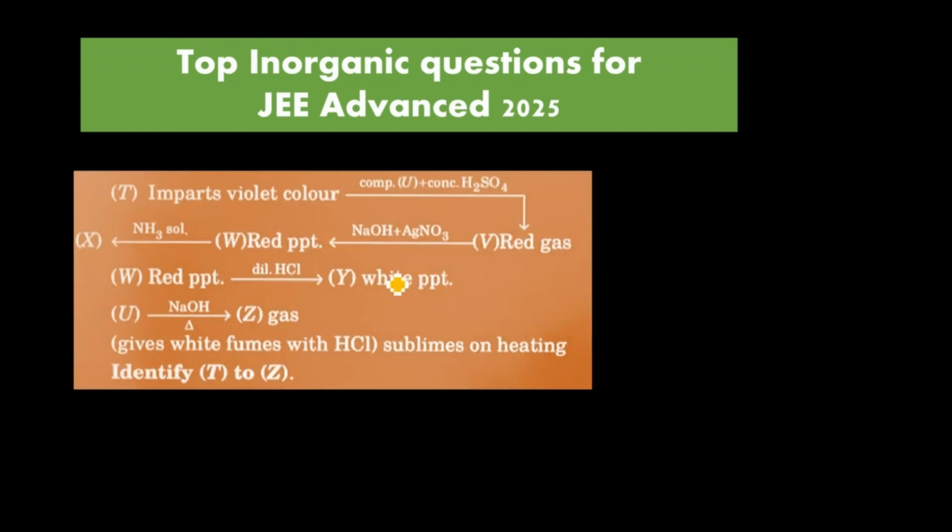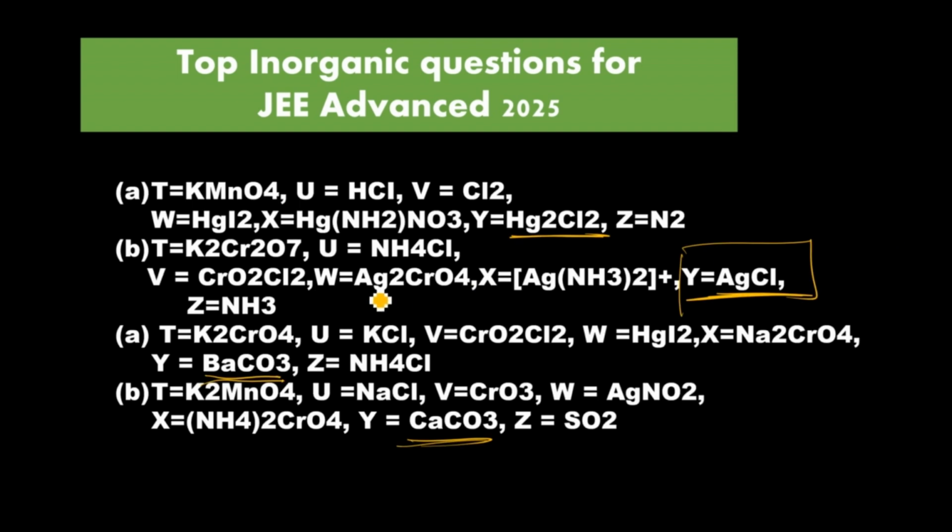Rather than this, W is a red precipitate. Ag2CrO4. Chromate is there, so can be a red precipitate. Sorry, the red one. And mercuric iodide, that is not red. And option C is talking about, again, iodide, it is not red. Silver nitride, that is not red.